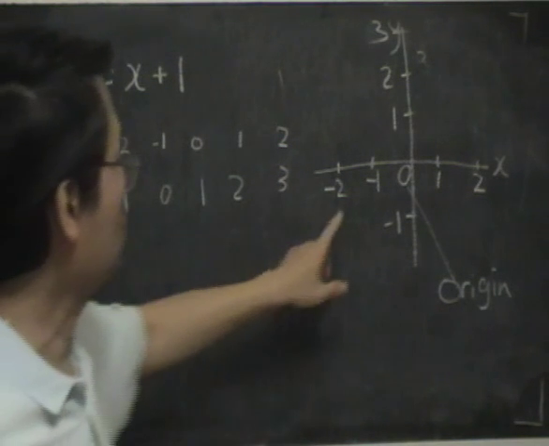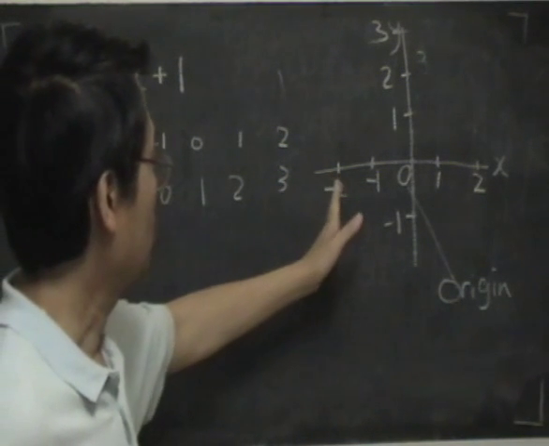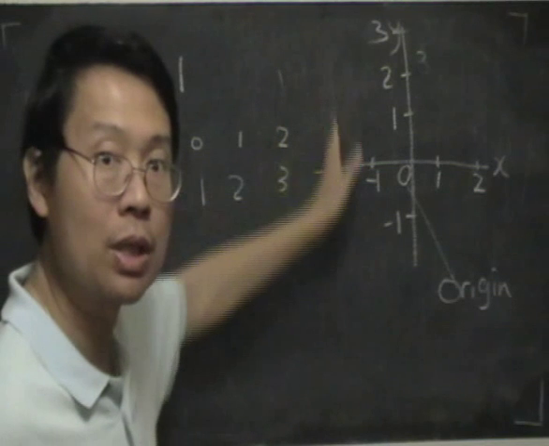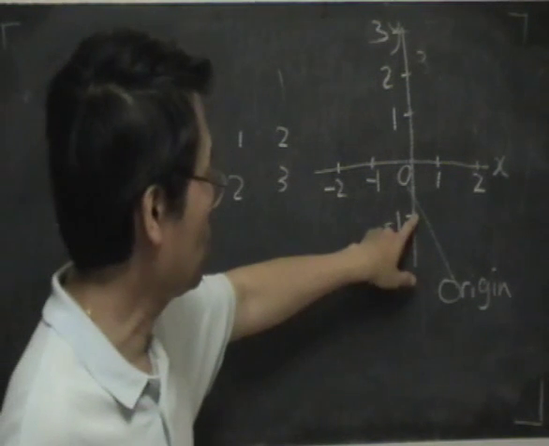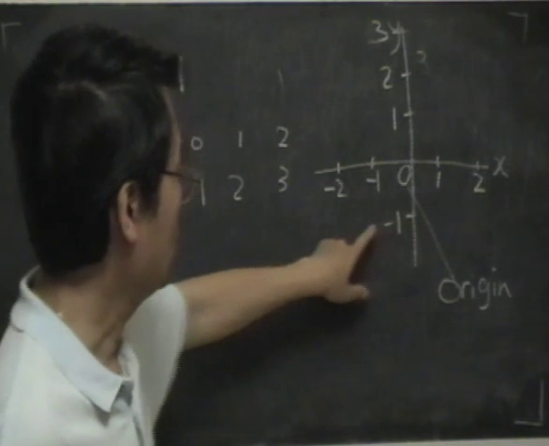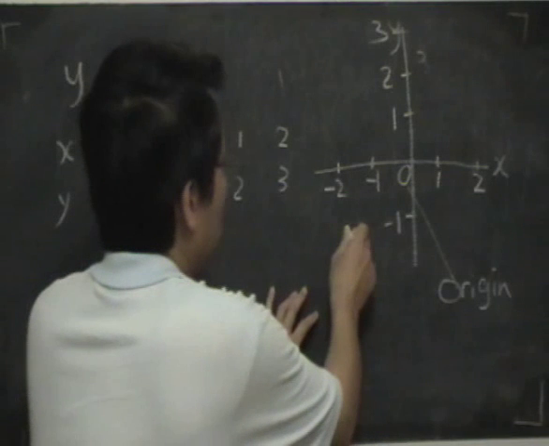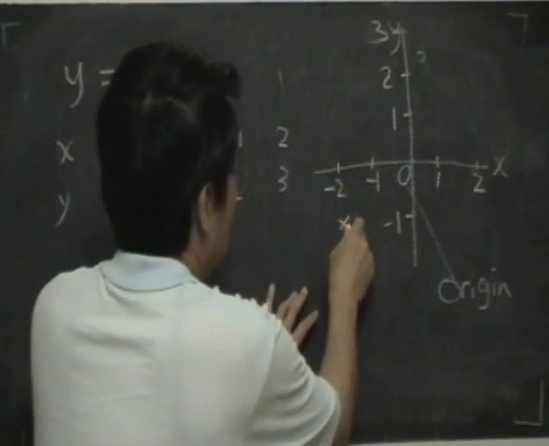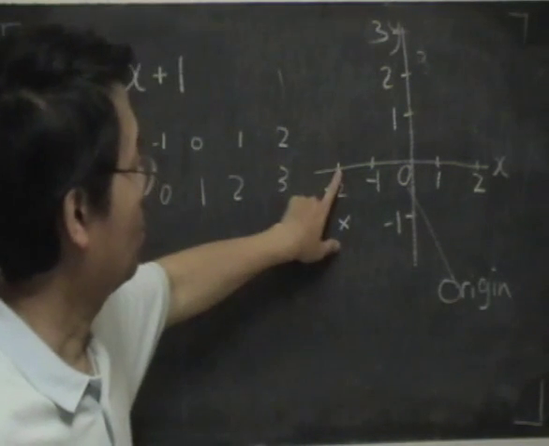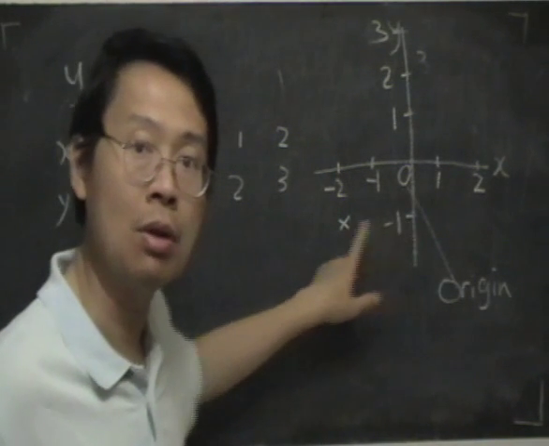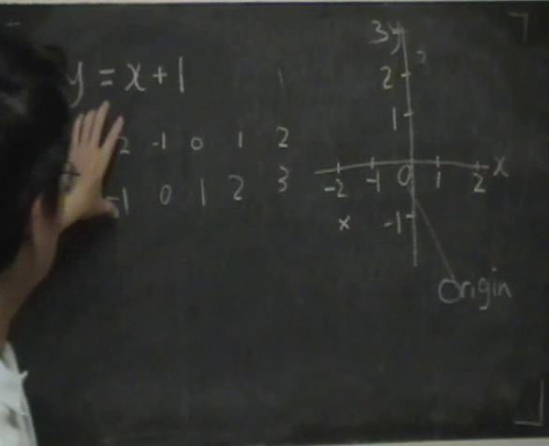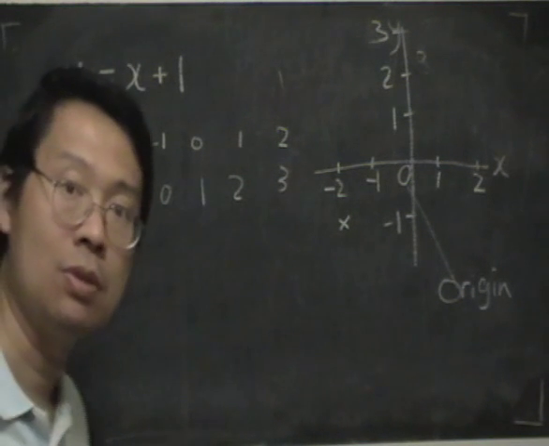So when x is minus 2, it's here. So we want to go along the vertical line until we come to a point where y is minus 1. So y is minus 1 is there. Okay, so the point that we should mark would be here. So this point would have minus 2 for x and minus 1 for y. So that's the point for this set of numbers.